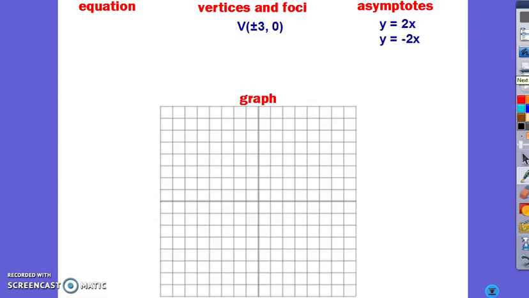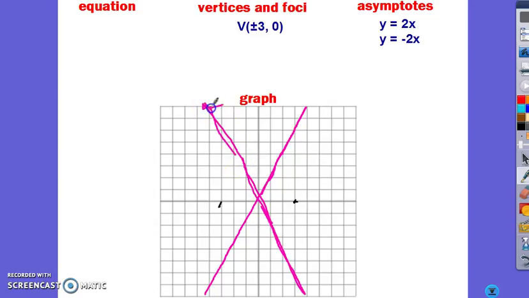Alright, a couple more. So this one has vertices at 3 and -3, x-axis style. And it looks like we want our asymptotes to go up 2 over 1, up 2 over 1, up 2 over 1, and down 2 over 1.